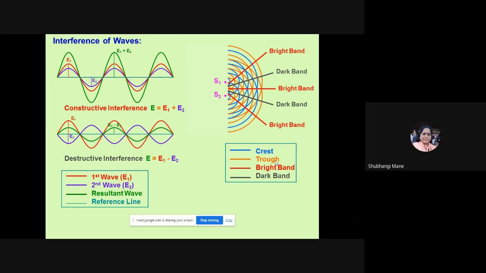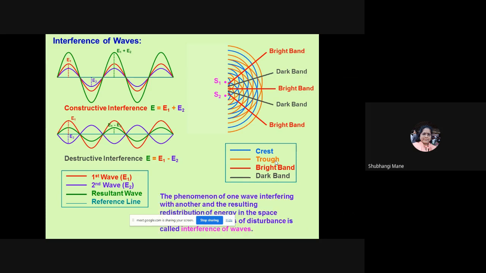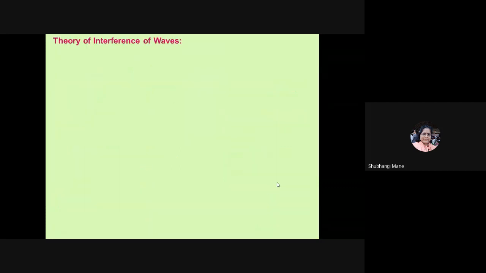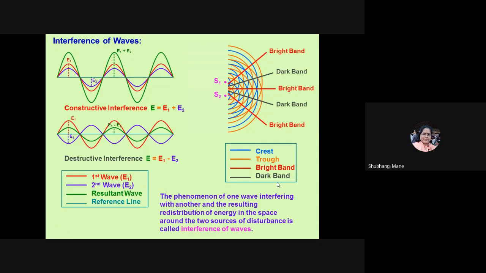Okay, so this is called the interference phenomenon, right? The phenomenon of one wave interfering with another and resulting in redistribution of energy in space around the two sources of disturbance is called interference of waves.